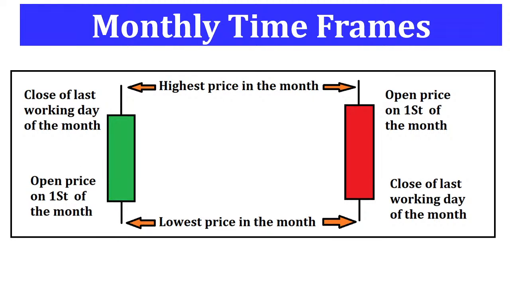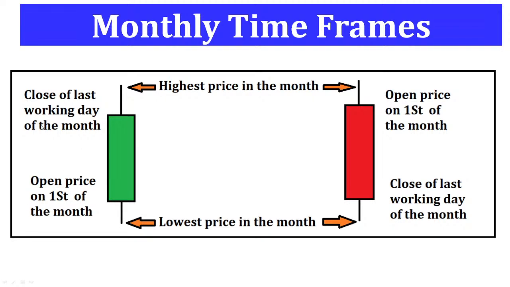Now coming to the time frames, the most important part. As I said, there are different time frames. We can plot daily chart, monthly chart, weekly chart, and intraday chart. Now, whenever we say a monthly chart, it means that each candle is of 1 month. And how is this candle constructed? The candle is constructed by taking into account the opening price of the first day of the month.